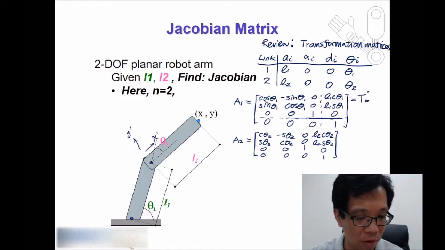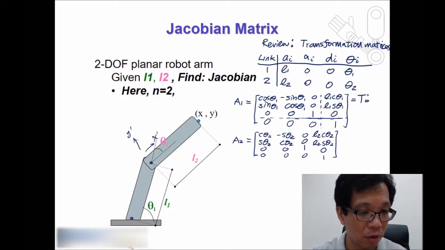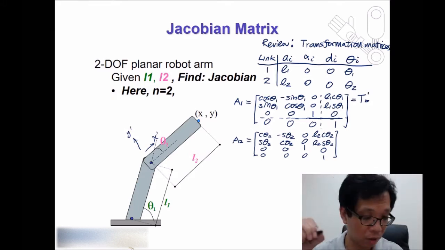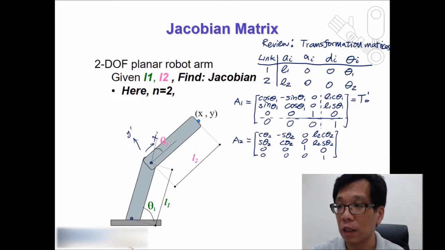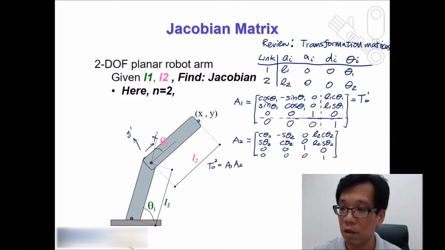T 0 to 1, let me make sure I didn't give you the wrong information. And T 0 to 2 is going to be A1 times A2.